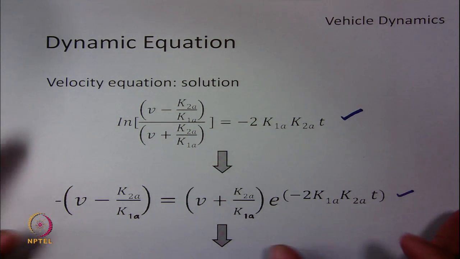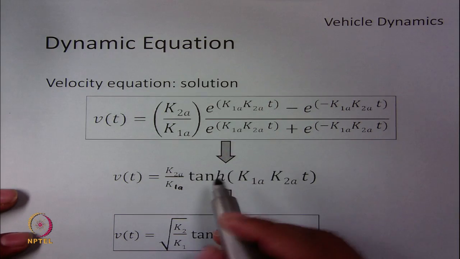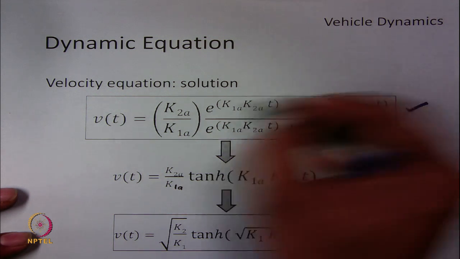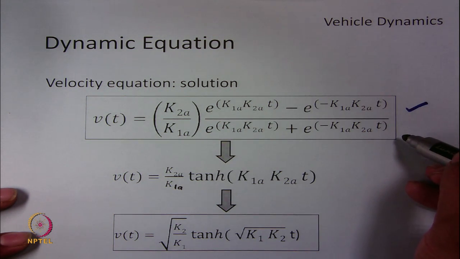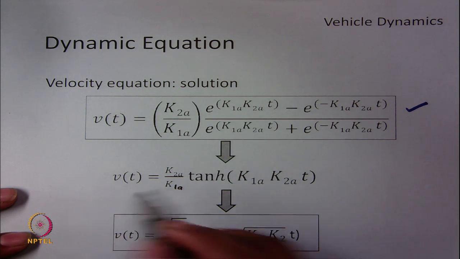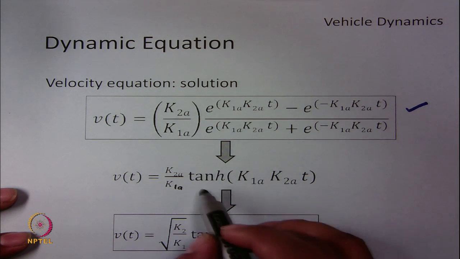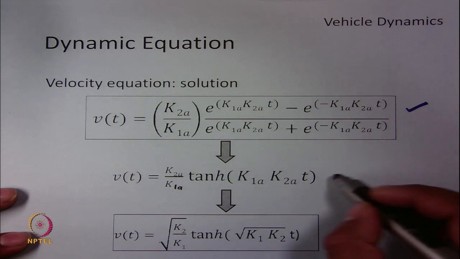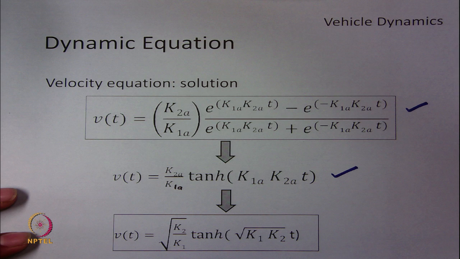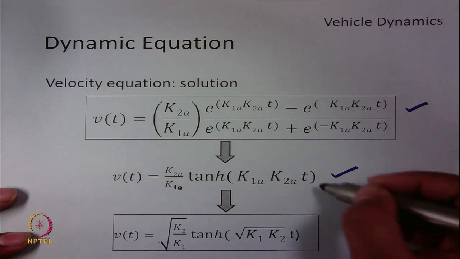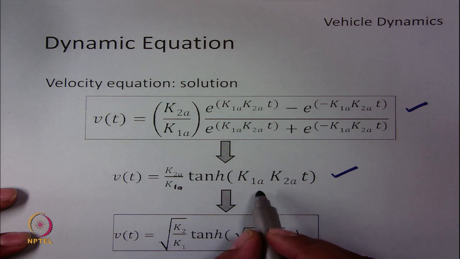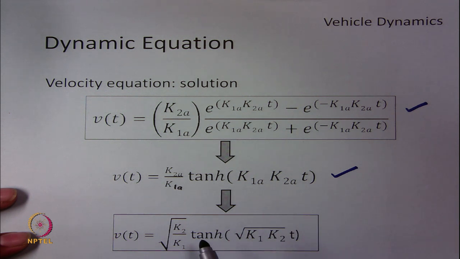So, now it can be further simplified as this equation, and this equation can be easily rewritten as v of t equals k2a by k1a tanh of k1a k2a into t. So, this is the equation we were looking at. So, this can be further simplified, and we will again resubstitute the value of k1a and k2a in terms of k1 k2.